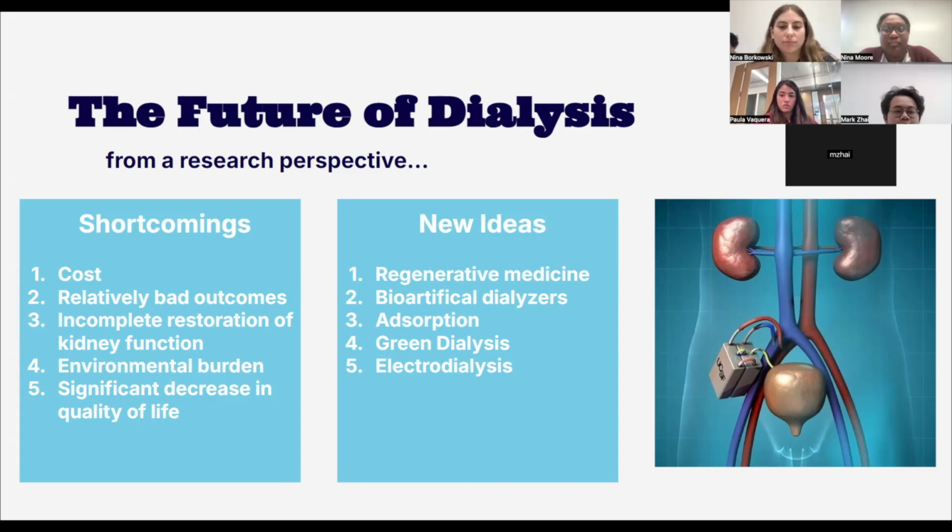And next we have green dialysis. As I mentioned earlier, dialysis production and use has a pretty big effect on the environment. So drastic changes are needed to make the current dialysis concept energy neutral and recyclable, particularly in its production.